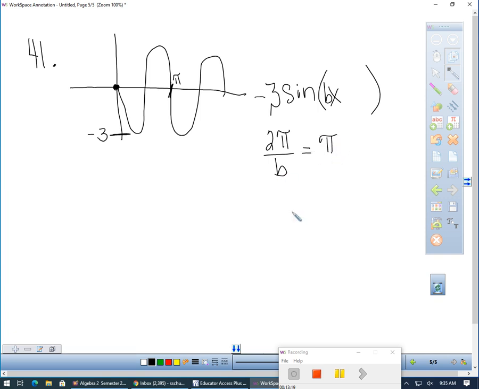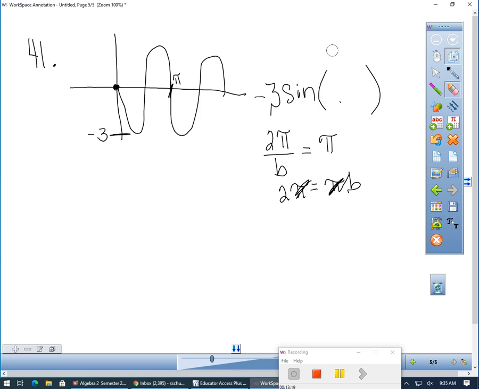So if I multiply b over, I get 2 pi equals pi times b. And of course, we can cancel the pi's. So we know b has to be 2. So up here in my equation, this is going to be a 2x. Now, as a phase shift, if I wanted to shift this one whole pi, it'd still be going down.